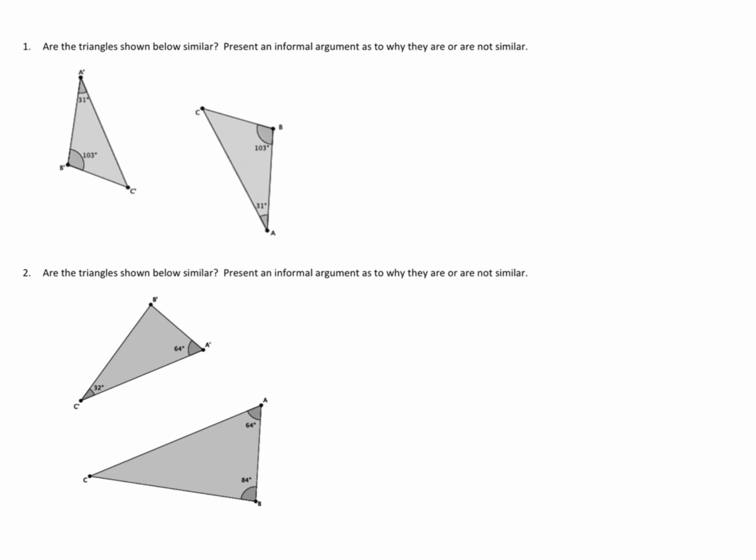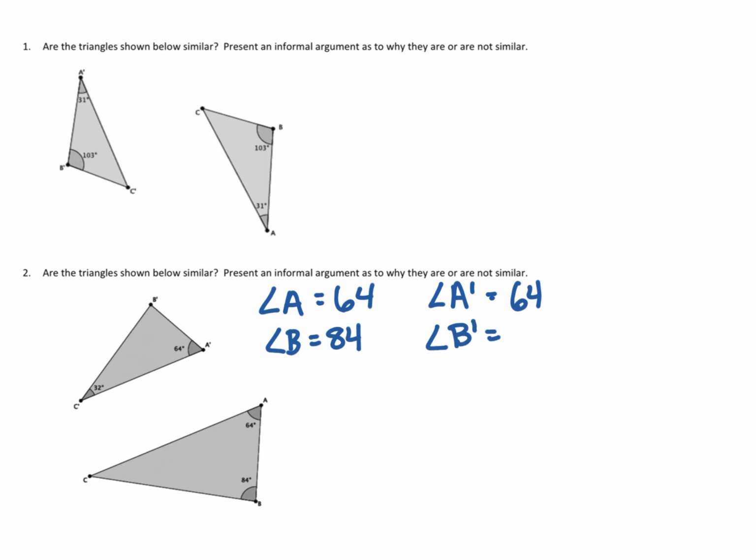Number 2, angle A is 64 and angle A prime is 64. Angle B is 84. Angle B prime we don't know. Angle C we aren't sure about, but angle C prime is 32.